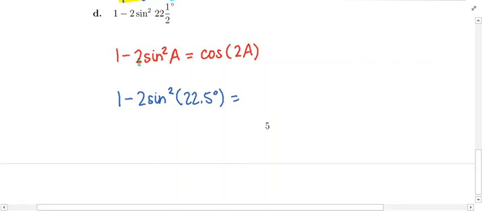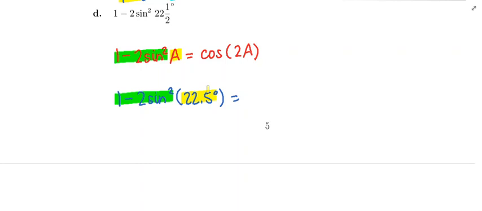When I try to match up the two left sides here, I see the 1 minus 2 times sine squared, and the only difference I see are the arguments. So if we're converting from the double angle identity to our expression, the A value is 22.5.